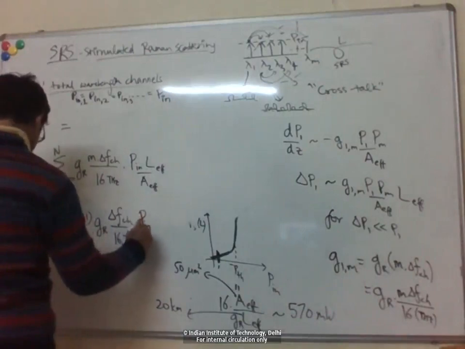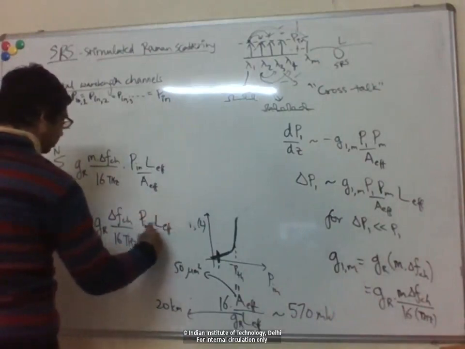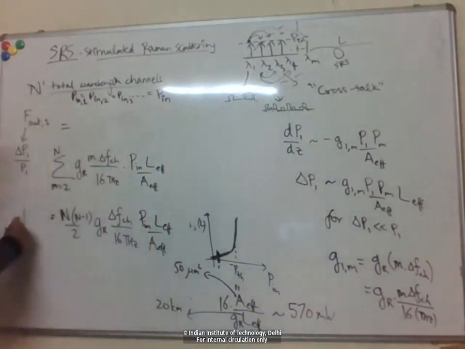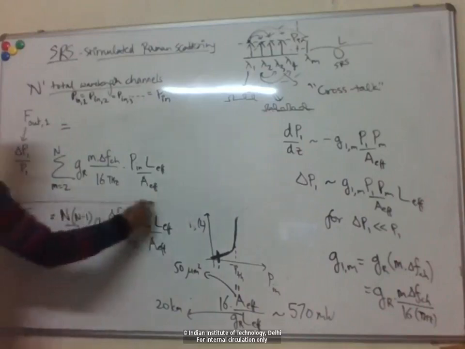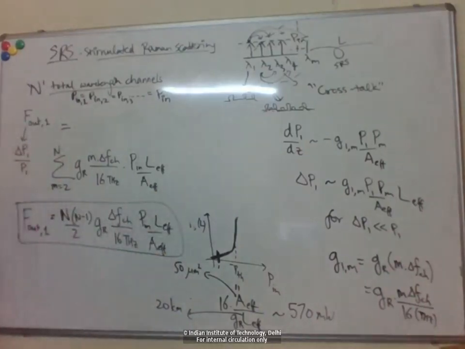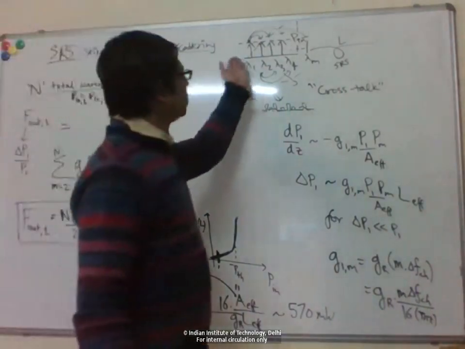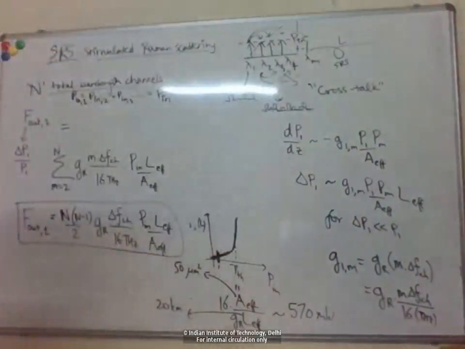Then input power, and then this factor of L effective by A. Okay, so that's the fan out factor for channel 1. Right. So channel 1 will be the worst affected because it loses power to all the wavelength channels.